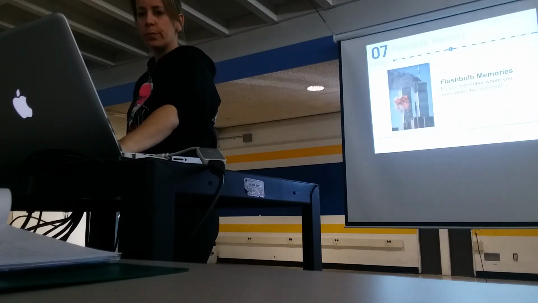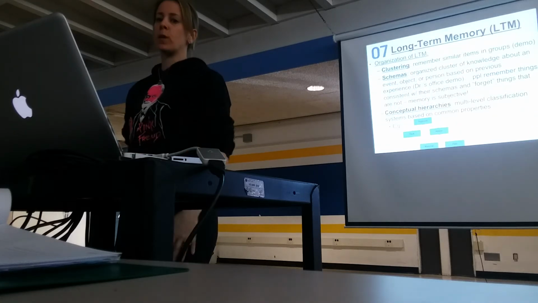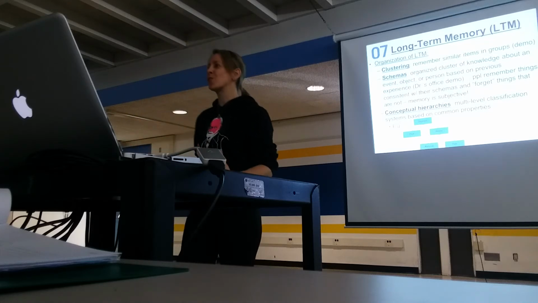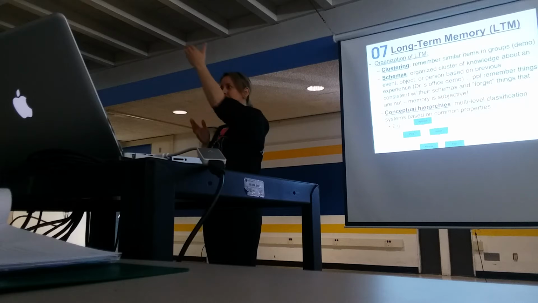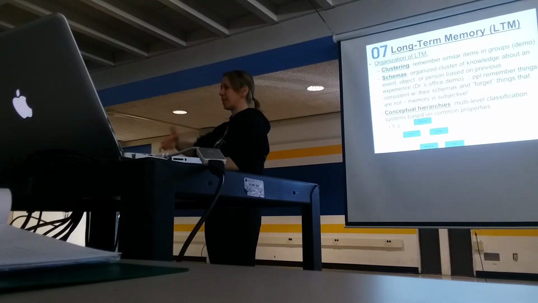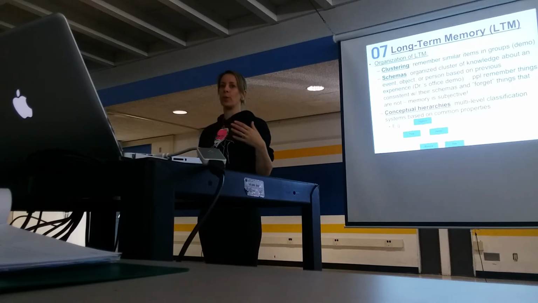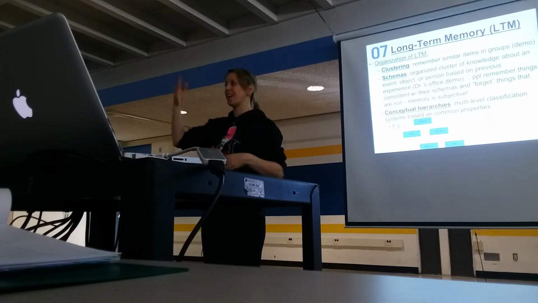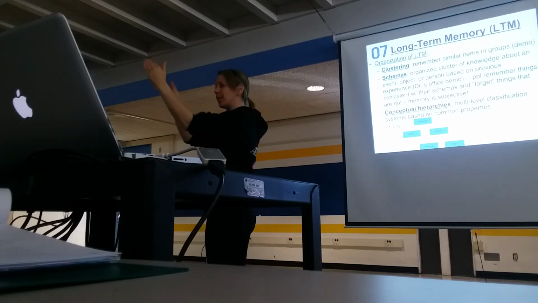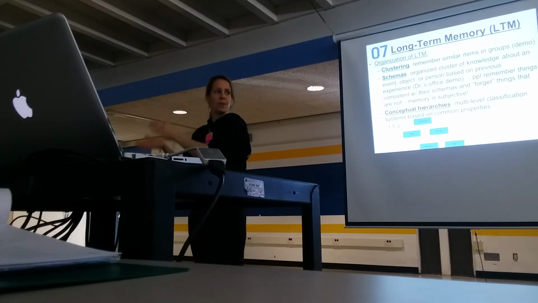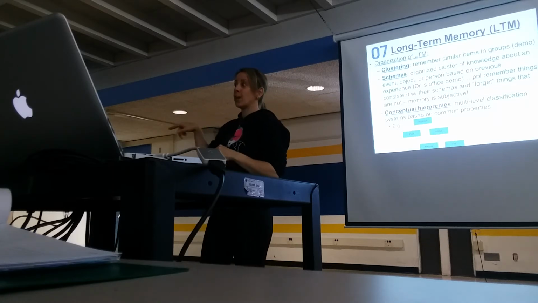Okay, long-term memory. So how do we organize long-term memory? Clustering. Remember when we did that demo and I had the list of foods? One side of the room saw all the foods in a list, and this side saw it all grouped, clustered. The fruits were in one list, the vegetables in one list, and the meats in one list. Who remembered it better? The second group, right?